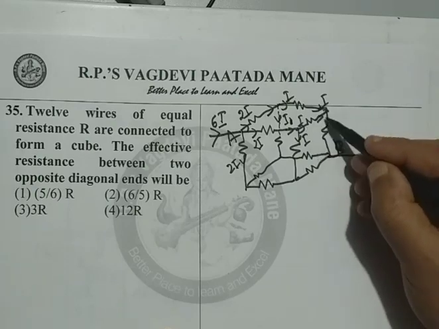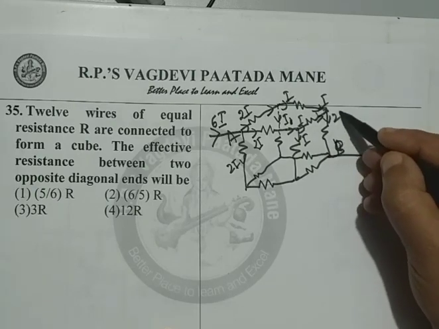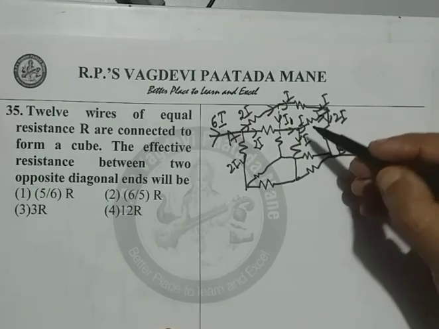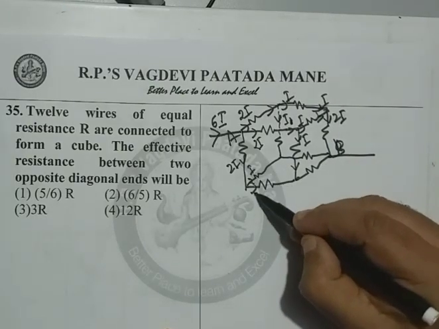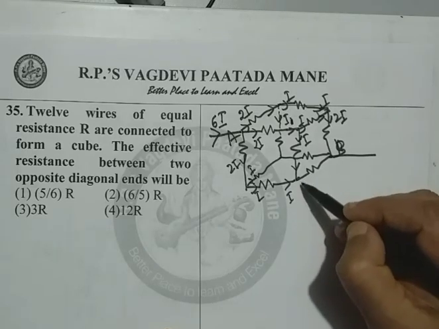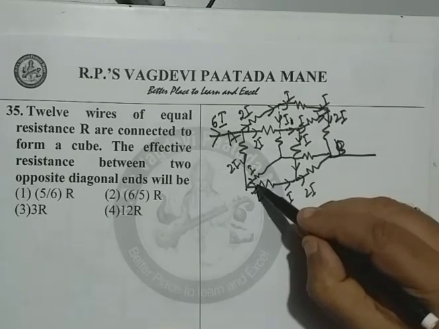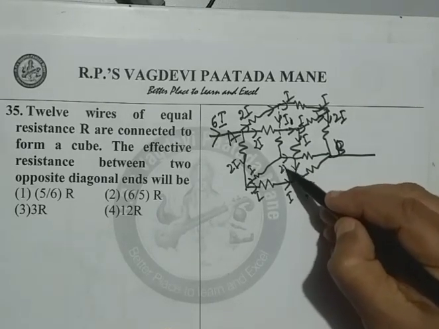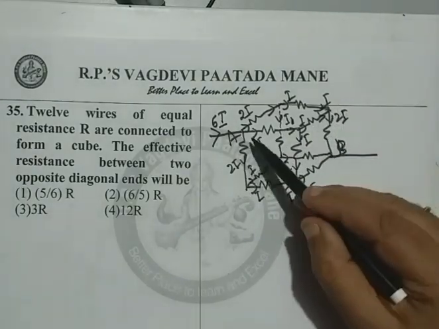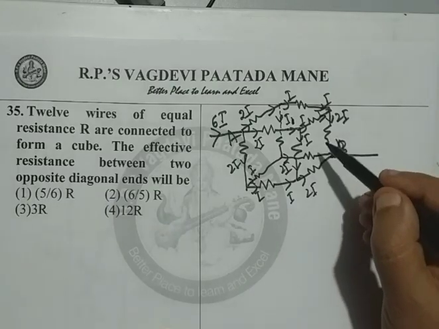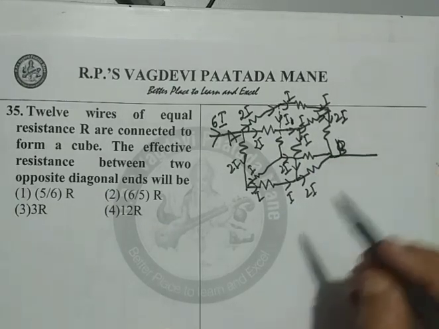Say observe at this point these I and I will get added and become 2I. Here also I and I branches come again here to 2I. In the same manner here also it is 2I. If we write any path between A and B, we can write the potential difference like this.